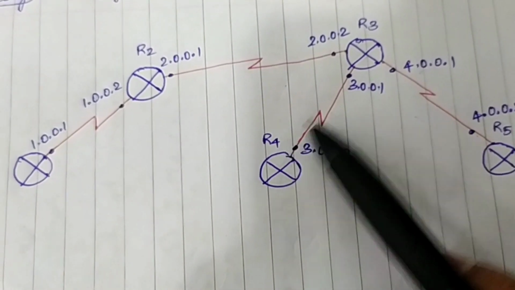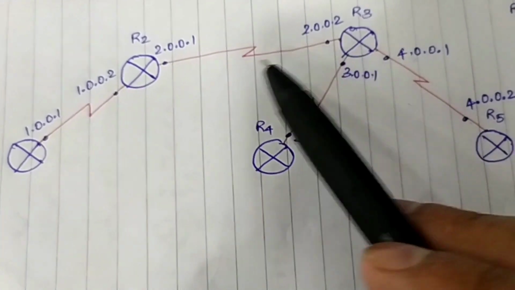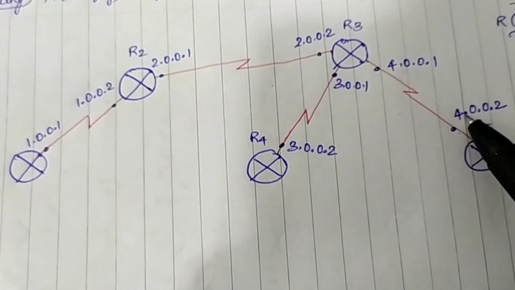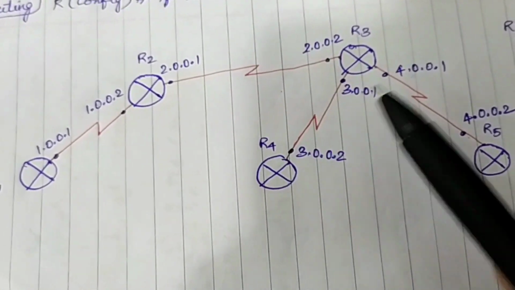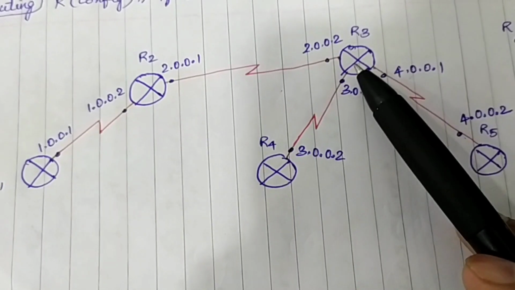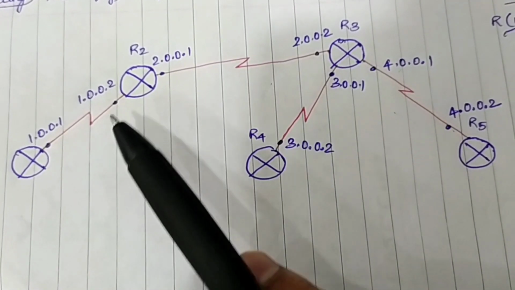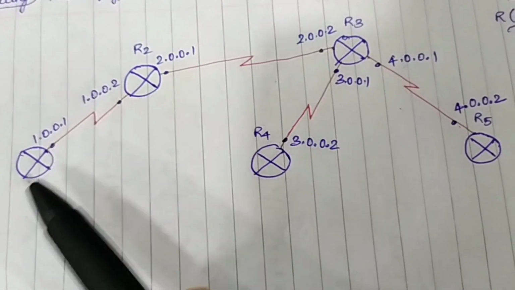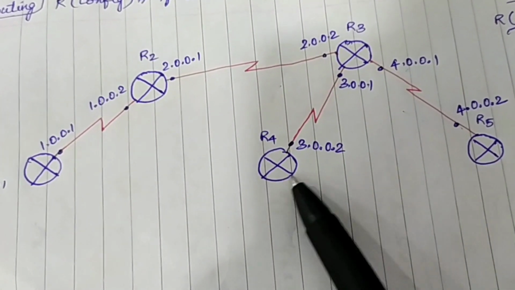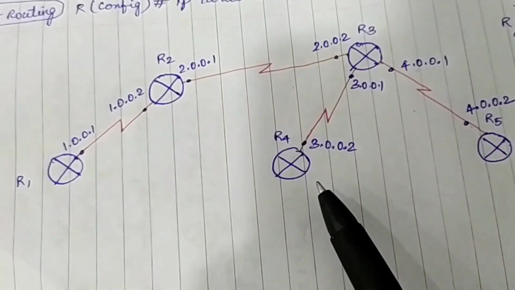So totally 3 links are there, which means 3 next hops will come. Then, how many routers are there apart from R3? R2 is there, R1 is there, R4 is there, R5 is there. So totally 4 routers are there.